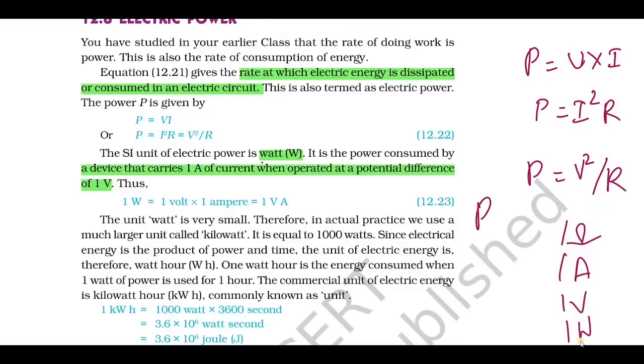P equals V into I. 1 watt equals 1 volt into 1 ampere. That means an electrical appliance is operated at a potential difference of 1 volt if 1 ampere of current flows through it, right?